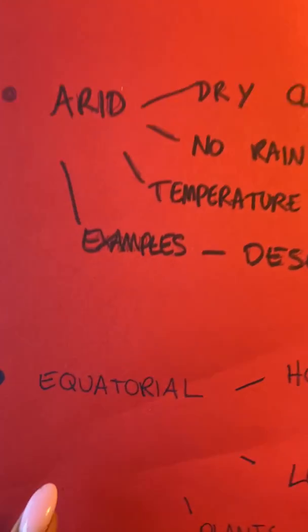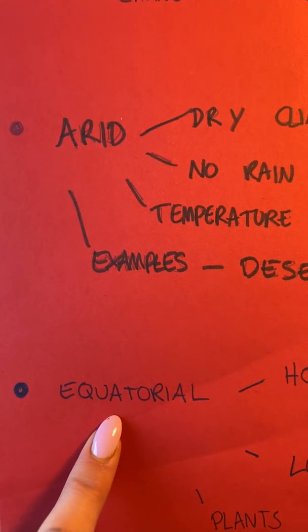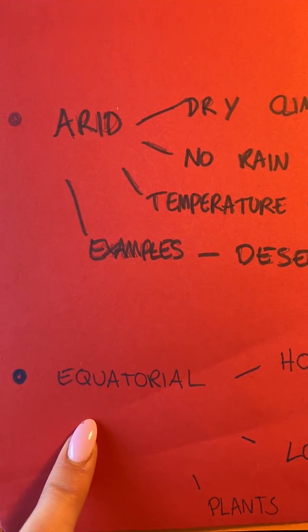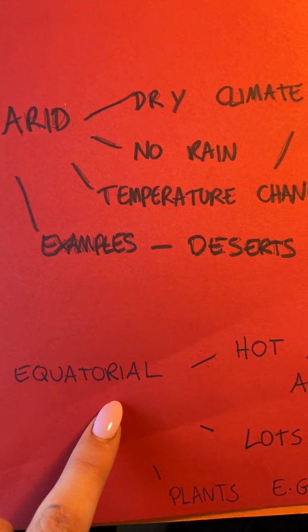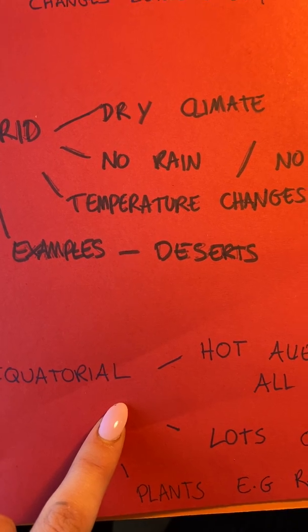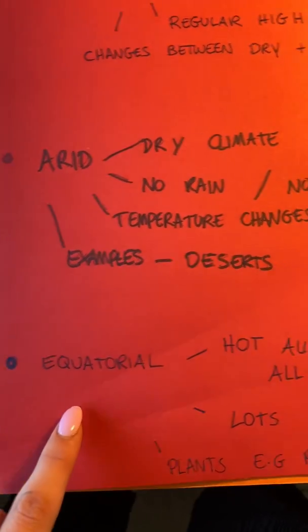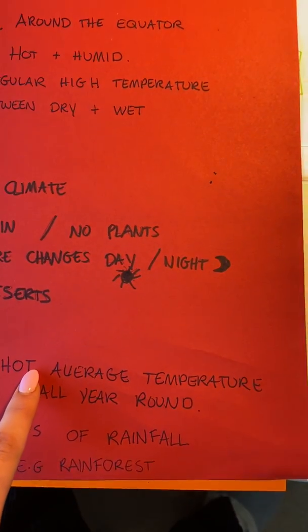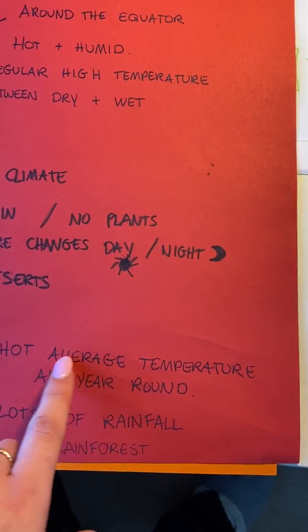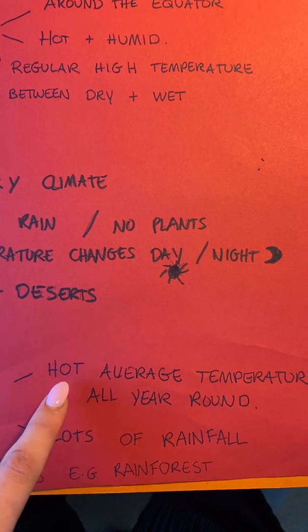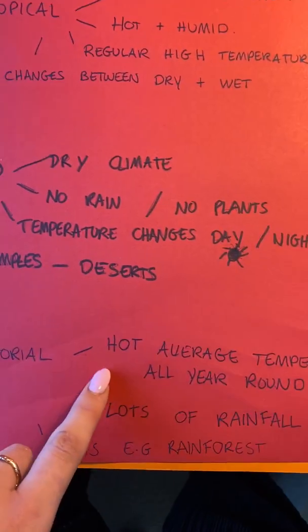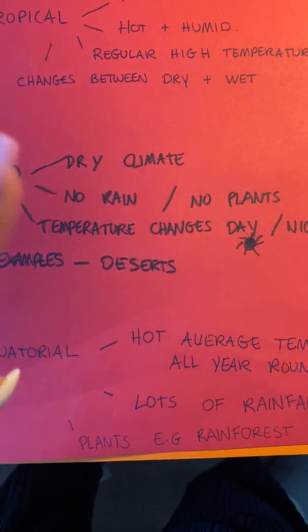Example number three, equatorial. Equatorial climates. Now these are usually hot and have an average temperature all year round. So they are always hot all year round and it doesn't really change.